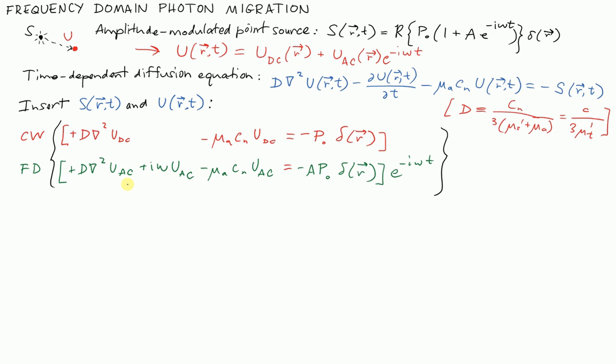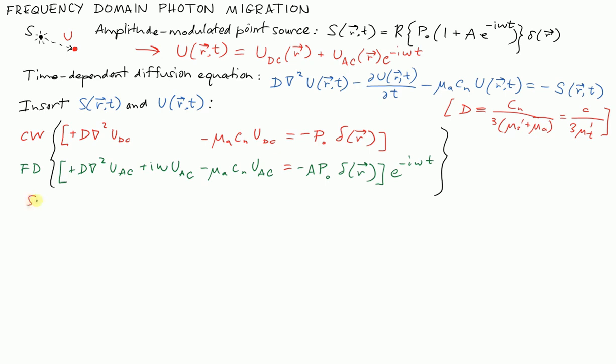Now you're thinking, why did it break it up into 2 equations? Well, it's because the solution to the CW equation is exactly what we've already talked about in class. This is the solution for when you have a steadily glowing point source at the origin. It's just analyzing the steady aspect of the power source that we've got in this problem. So it's going to have the same solution that we've always seen.